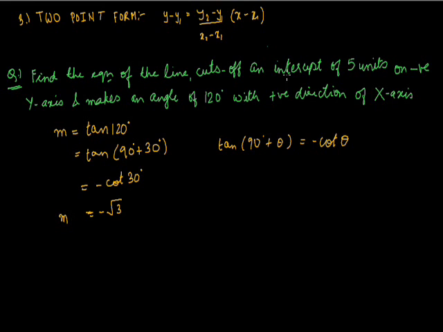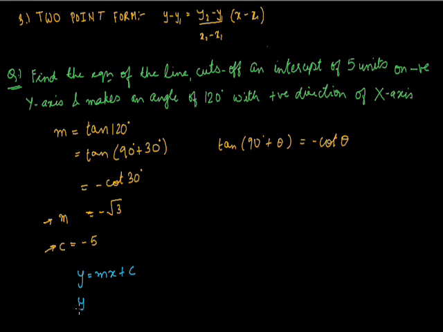Now we are provided that the line makes 5 units of intercept with negative y-axis. Hence we'll get the value of c as minus 5. I'll substitute the value of my slope and my y-intercept in my equation, y is equal to mx plus c. Over here, c's value is minus 5 and slope of the line is minus root 3.